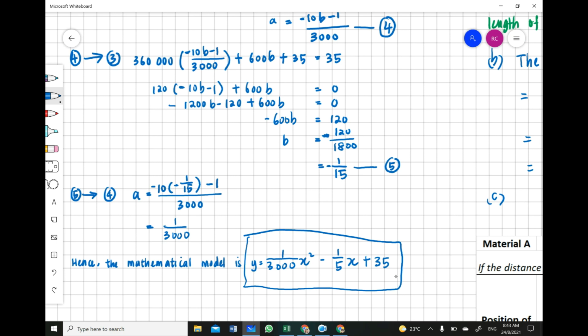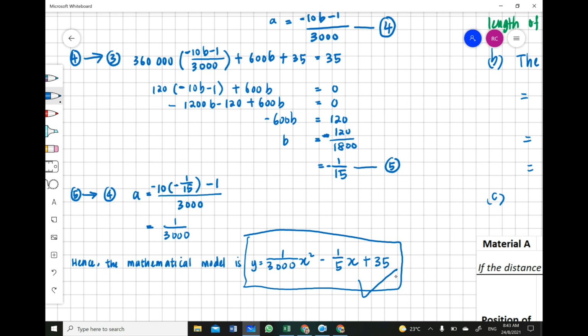Each group that solves the same problem might come out with a different mathematical model. You have to think in that way. Not all the mathematical models will be the same, as long as it can be used. Okay, so this is one of the mathematical models.